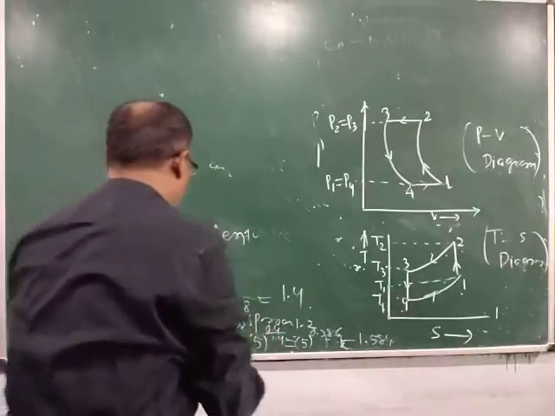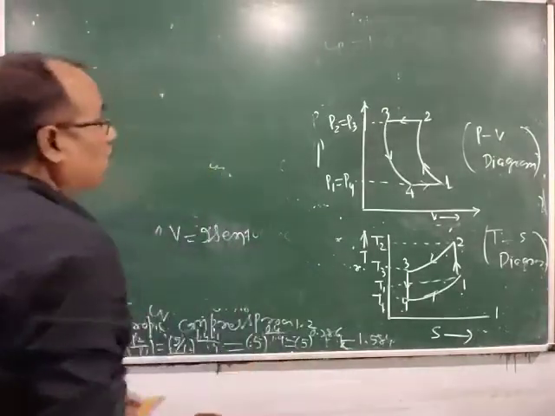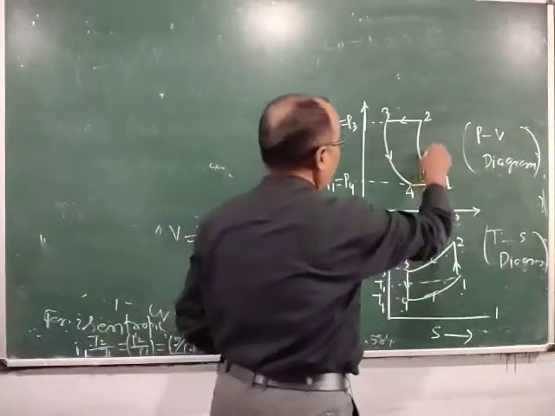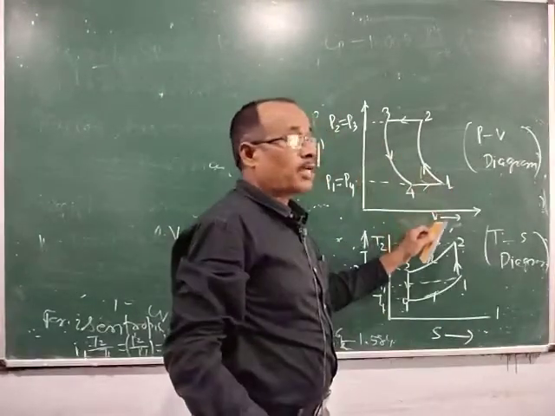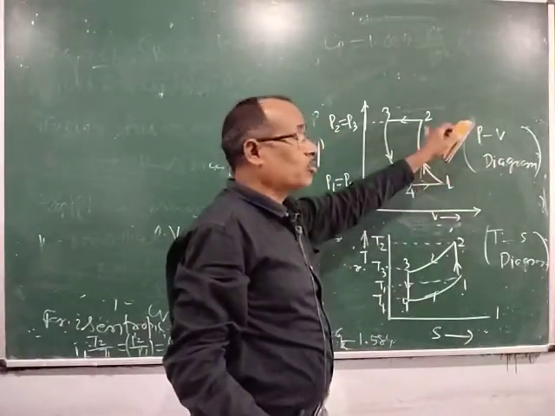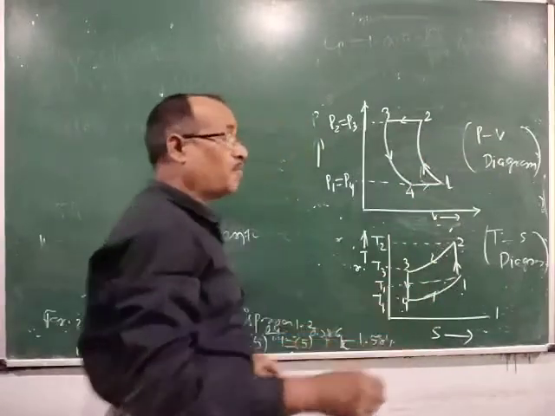For the isentropic compression process, that is 1-2. In the pressure volume diagram, 1-2 is the isentropic compression of gas.